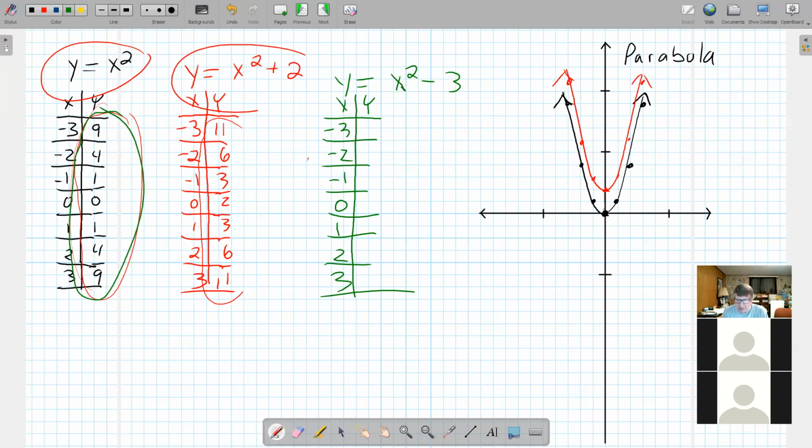That would take the x squared values and subtract 3. So 9 minus 3 is 6. 4 minus 3 is 1. 1 minus 3 is -2. 0 minus 3 is -3. 1 minus 3 is -2. 4 minus 3 is 1. 9 minus 3 is 6. So all of these y values are 3 less than those y values. So what is that going to do to our graph that started as y equals x squared? Everybody's going to go down 3 units.